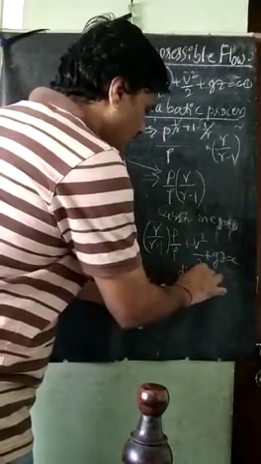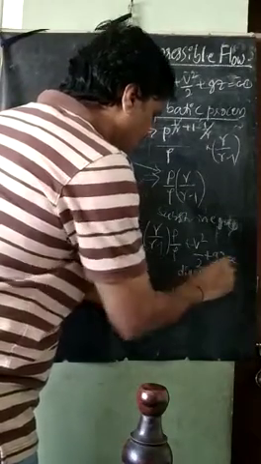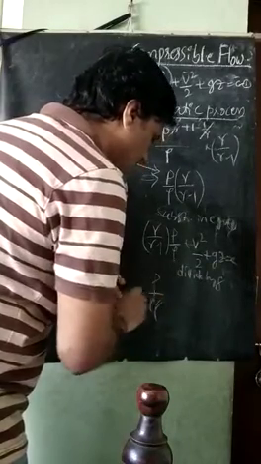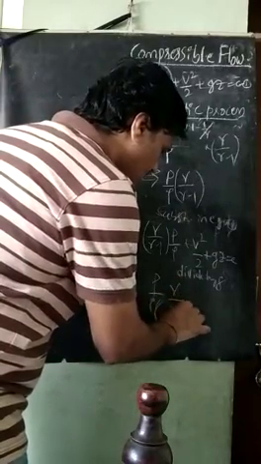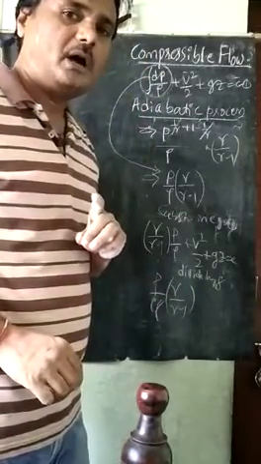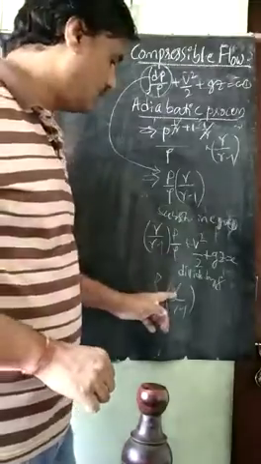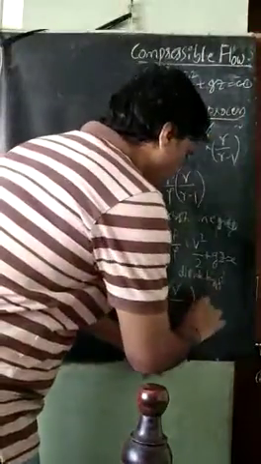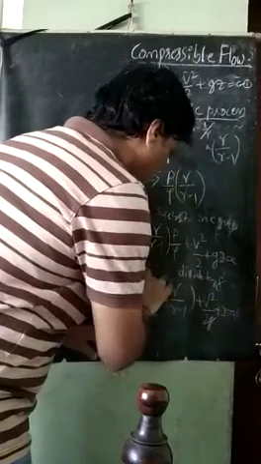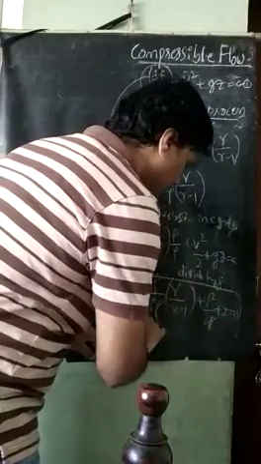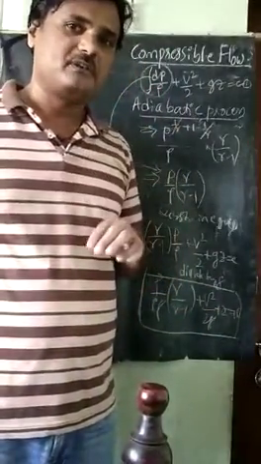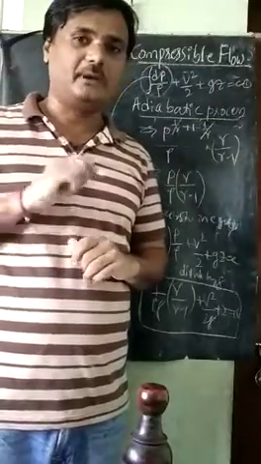P divided by rho g is the term in the normal Bernoulli equation, but here it will be multiplied by the gamma divided by gamma minus 1 term. Then the others are the same: V square divided by 2g plus Z is equal to constant. This is the Bernoulli's equation for compressible flow when the process is adiabatic.